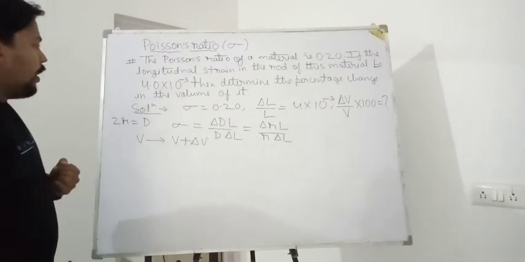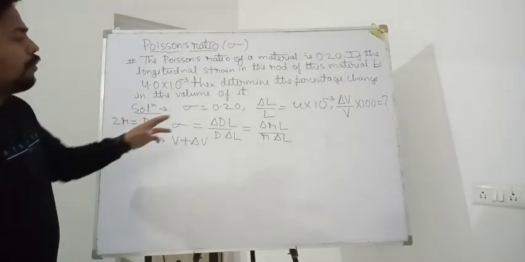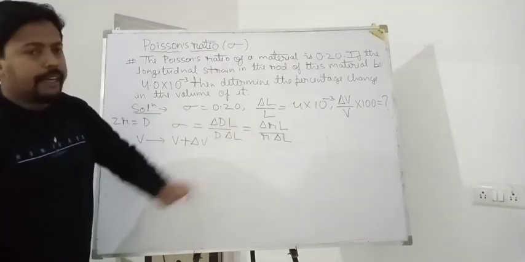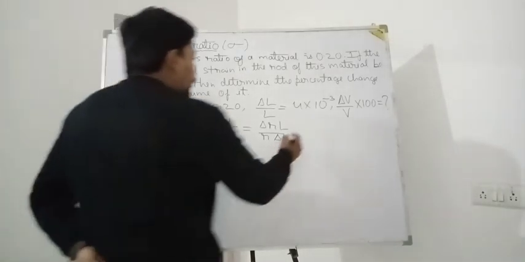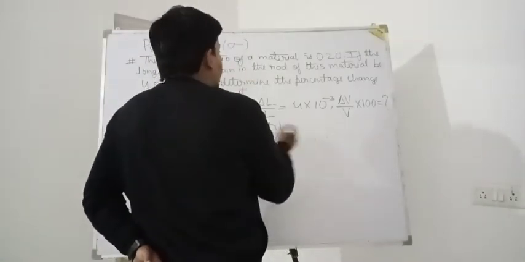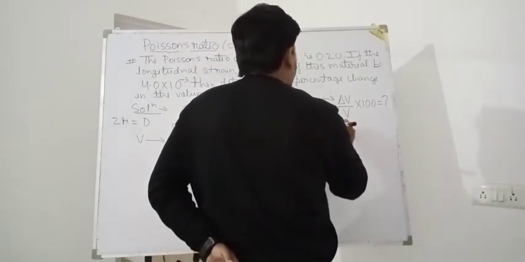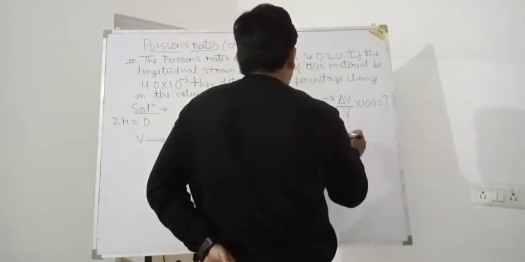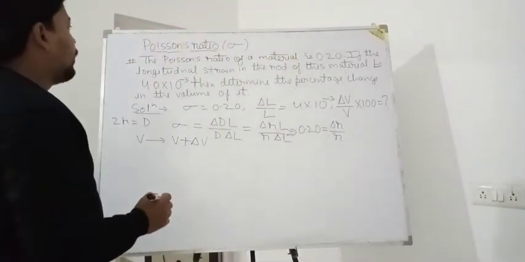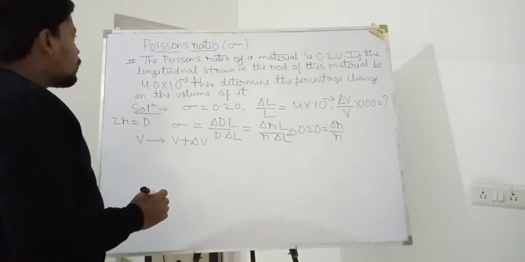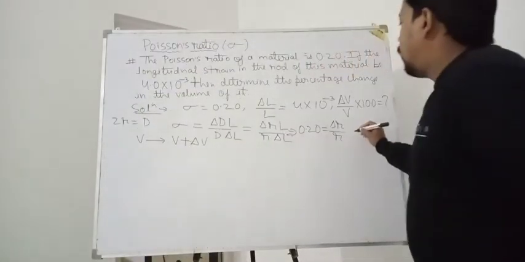So now from here, what we need to do first? First, we need to find the fractional change in the radius. So, just substituting the value of sigma, that is equal to 0.20 into delta r upon r into L upon delta L. L is not given to us, so what we can do?